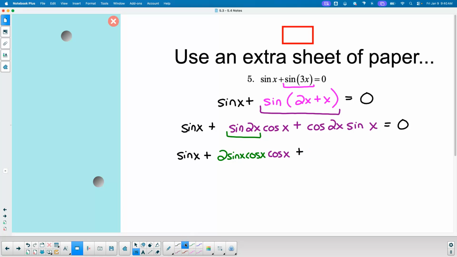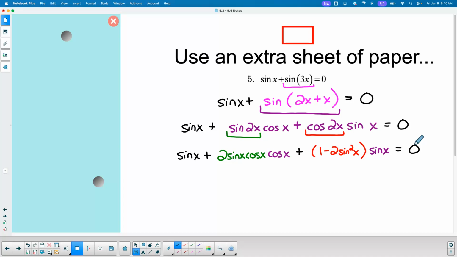What do we want to switch cosine of 2x to be? 1 minus 2 sine squared? Okay. Because then everything's got a sine.